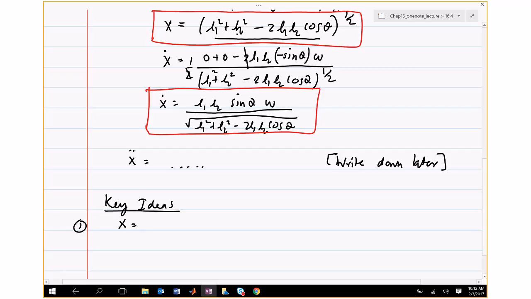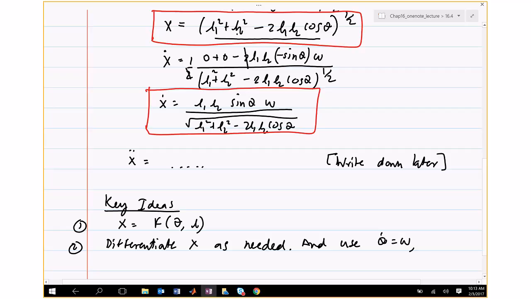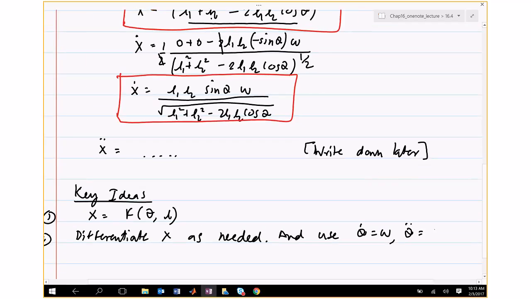X is the unknown, the thing which you're interested in knowing how it moves, as a function of the things which you know about, like in this case, theta and L. And then you want to differentiate x as needed, and you're going to use theta dot is omega and theta double dot is alpha.